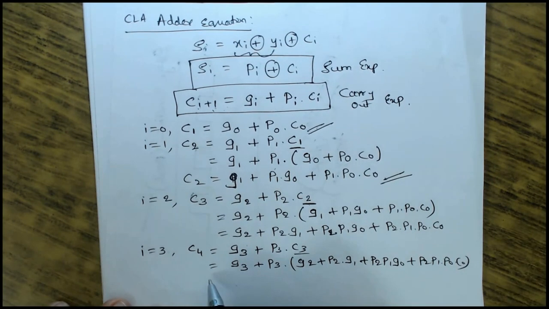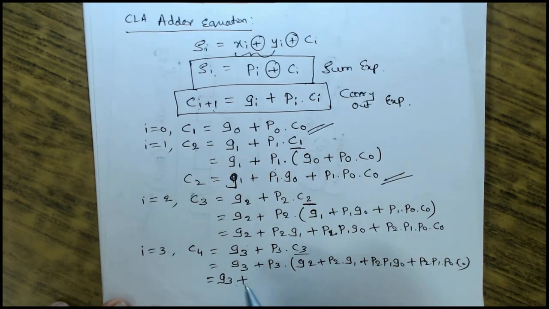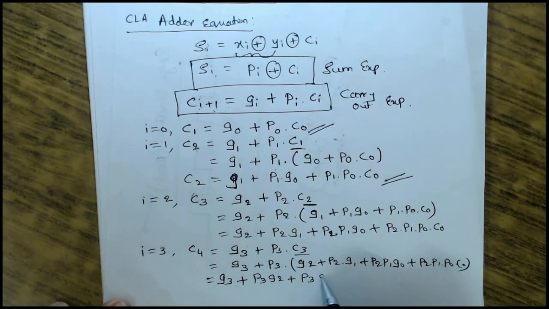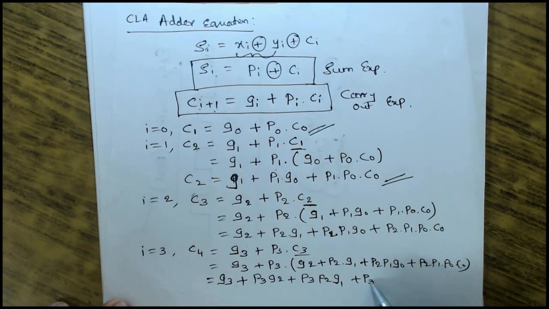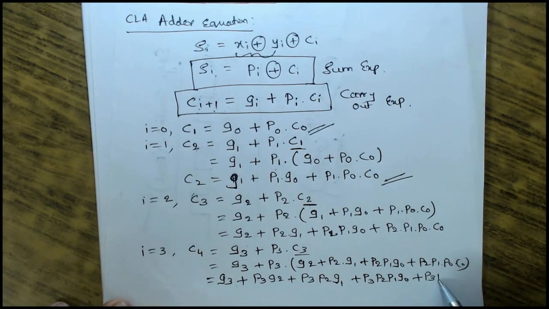So now the final expression would look like this: G3 plus P3 G2 plus P3 P2 G1 plus P3 P2 P1 G0 plus P3 P2 P1 P0 and C0. So this is the expression for C4.